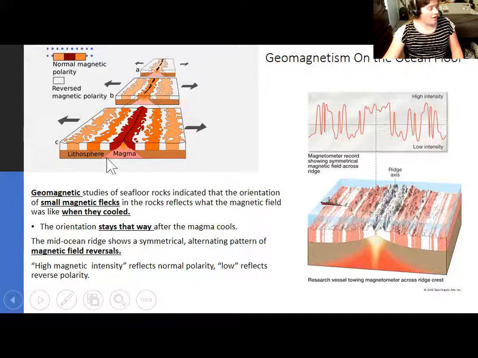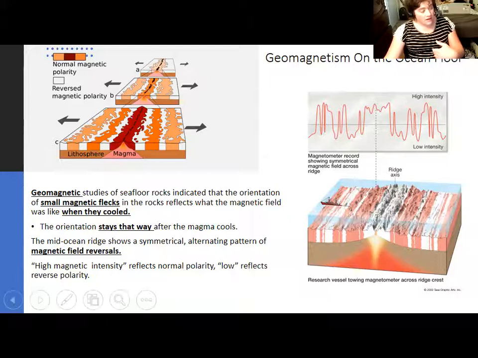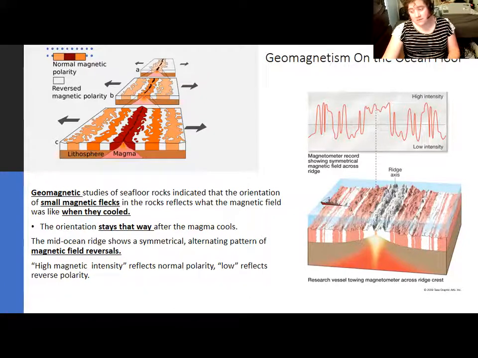The cooled rocks on either side of the spreading center have this record of first normal polarity and then reverse polarity and then normal and reversed on either side, because the orientation of the iron flecks gets preserved once the rock is cooled. It stays that way after the magma cools. So this pattern of what are called magnetic field reversals supported the idea that magma was being produced at the central vents and then spreading symmetrically.